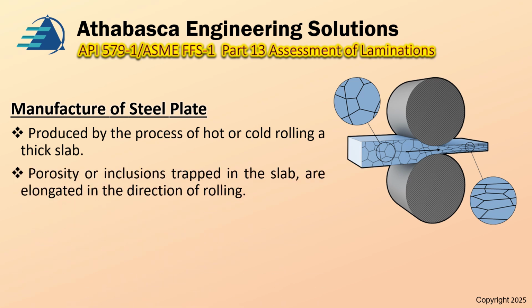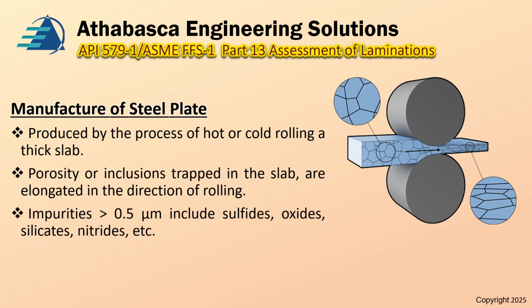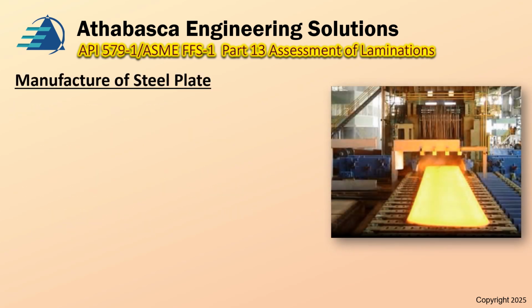It's the result of porosity or inclusions that are trapped within the slab, and these can be impurities like sulfur, and tying up the sulfur with manganese, for example, and they're elongated along the direction of rolling. And the impurities must be greater than 5.5 microns, and these impurities include things like sulfides, oxides, silicates, nitrates, etc. of steel plate.